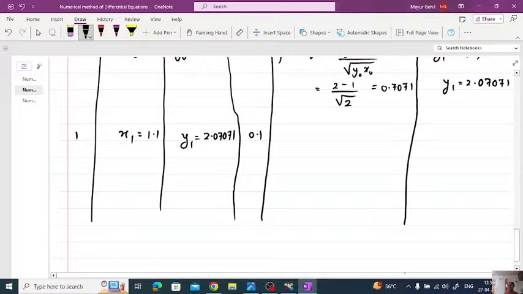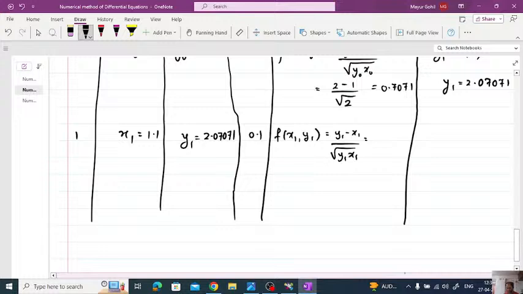Now we calculate the value of the function over here. All those of you are calculating online, please calculate over here. So here we will now need f of x1 y1. F of x1 y1 will be y1 minus x1 over square root of y1 x1. So I am doing it over here with the basic understanding. You can write your answer directly also from your calculator.